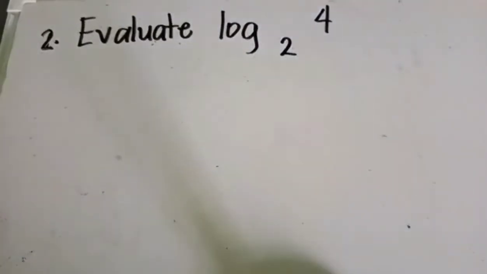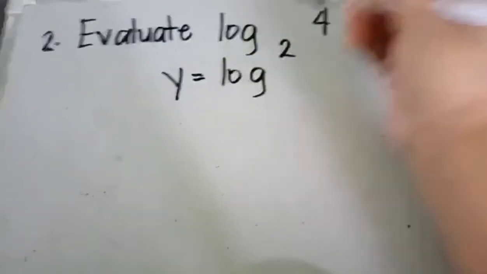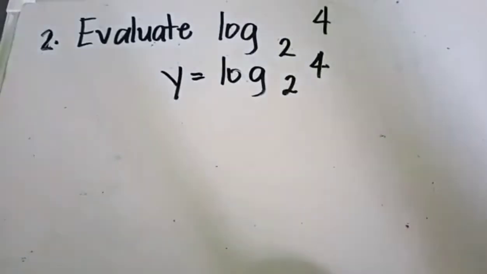Let us have another example. Evaluate the logarithm of 4 to the base 2. We need to evaluate the logarithm by following the steps that we have discussed earlier. The first step is we need to let y. So we let y is equal to the logarithm of 4 to the base 2.